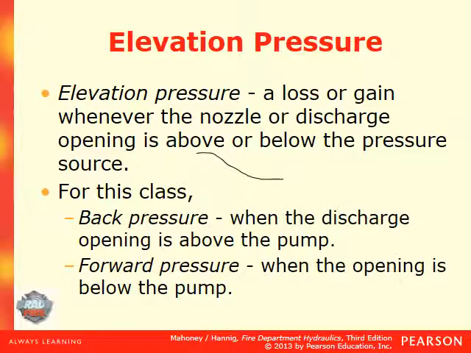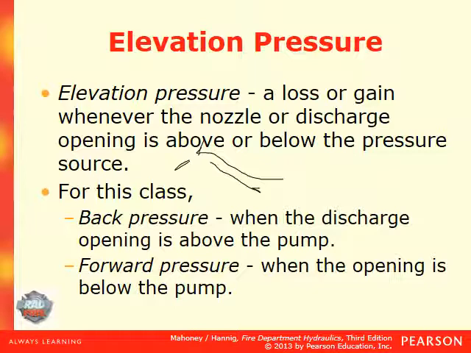If the nozzle is uphill, you're going to lose pressure because it's going to require more energy to overcome gravity. For this class, back pressure is when the discharge opening is above the pump, and forward pressure is when the opening is below the pump. That's how to help you differentiate between pressure loss and pressure gain.